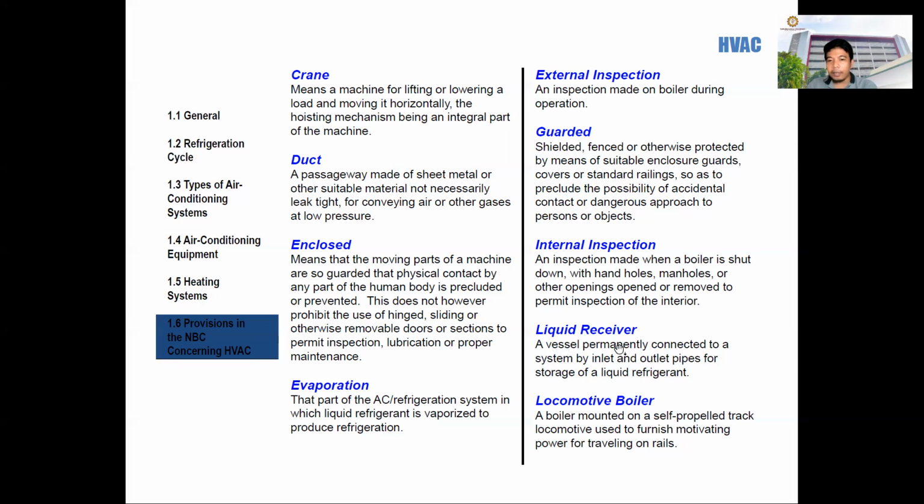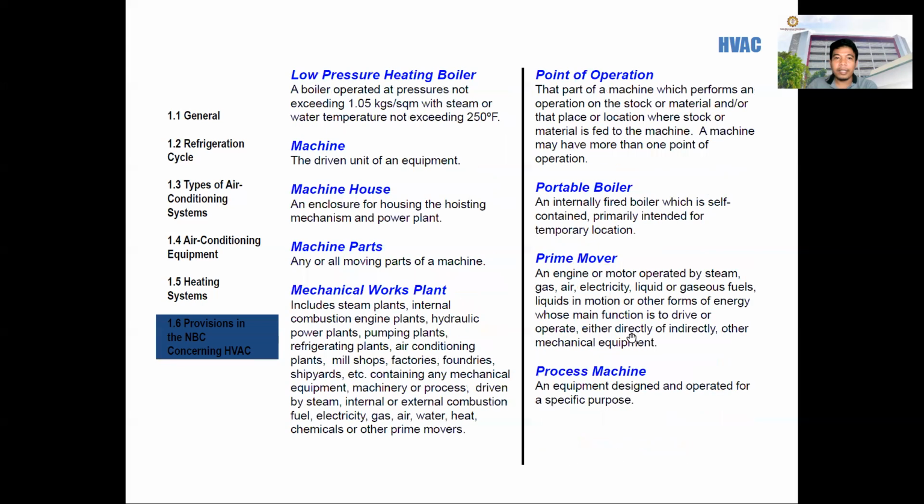Next is a liquid receiver. So a vessel permanently connected to a system by inlet and outlet pipes for storage of a liquid refrigerant. And then locomotive boiler. So a boiler mounted on a self-propelled truck locomotive used to furnish motivating power for traveling on rails.